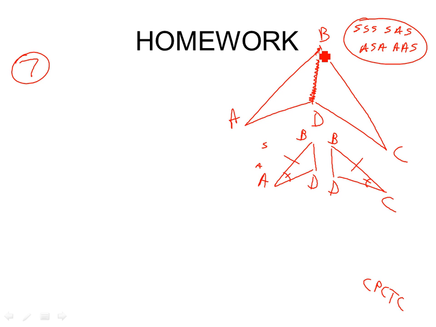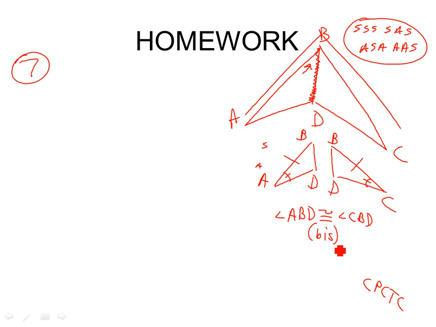So what two angles here are congruent? Angle B is the angle that's being bisected. We can't name it that way, so angle ABD has to be congruent to which angle? That's this angle right here, angle CBD. And we knew that because it was being bisected, right?